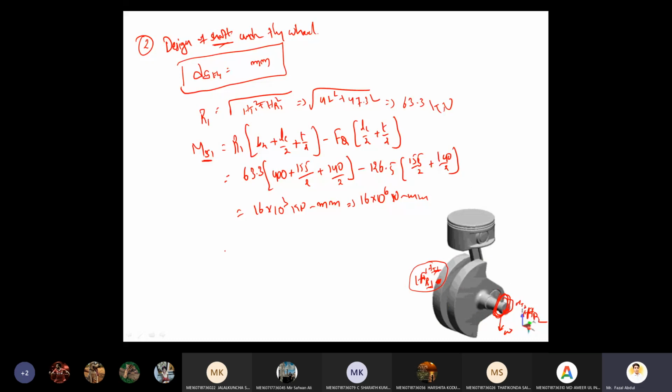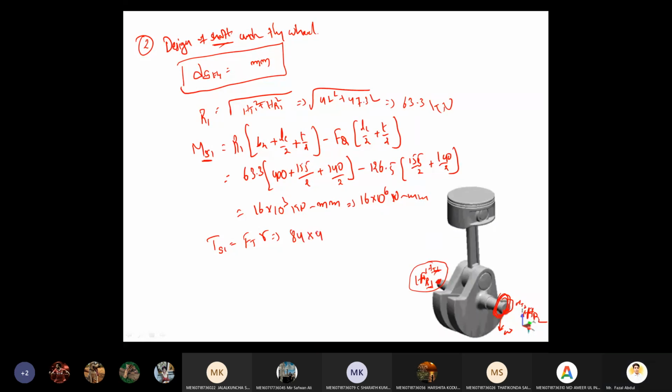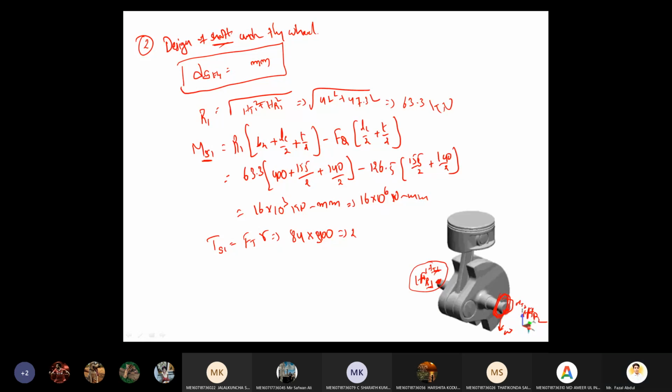In the same manner, the twisting moment at the juncture of the right hand side of the crankshaft, TS1, that is Ft into R. Tangential force is 84 kilonewtons into radius of the crank is 300. 84 into 300 is 25,200 kilonewton mm.